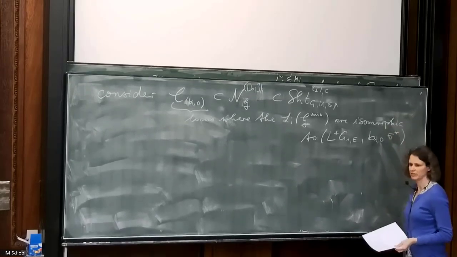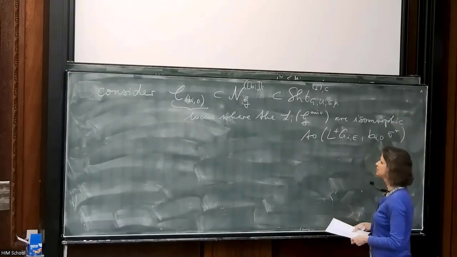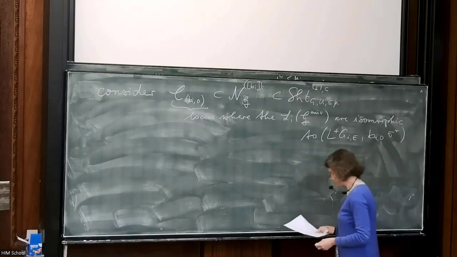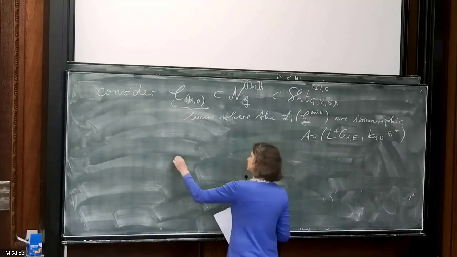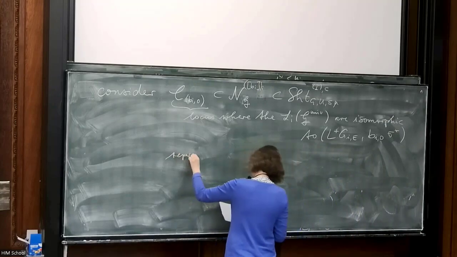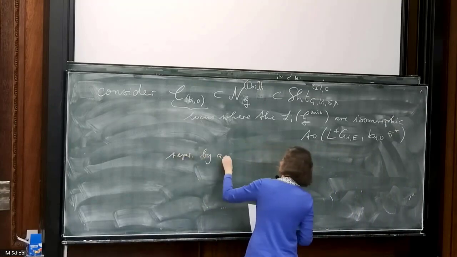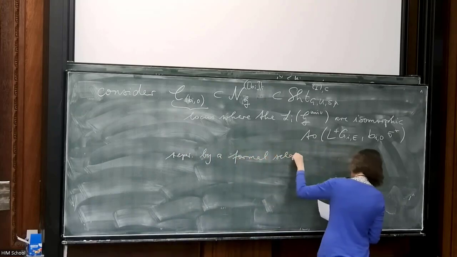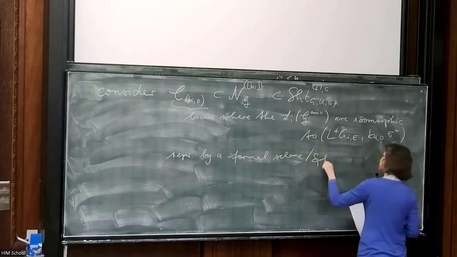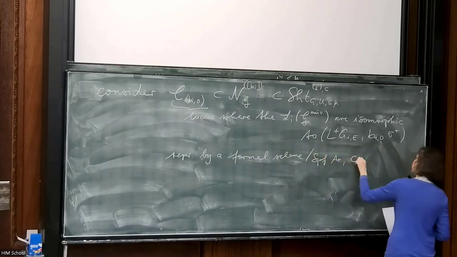This is still a non-trivial thing. The global G-Shtuka isn't determined by this. And this is represented by a formal scheme over the formal spectrum of A_C, and this is called a central leaf.